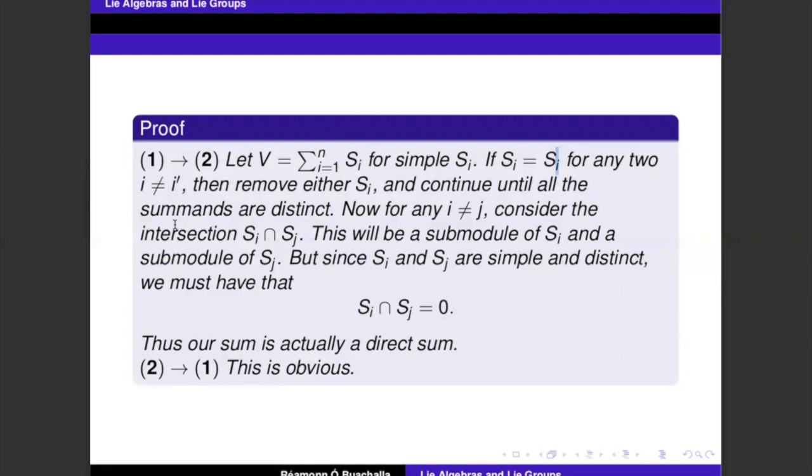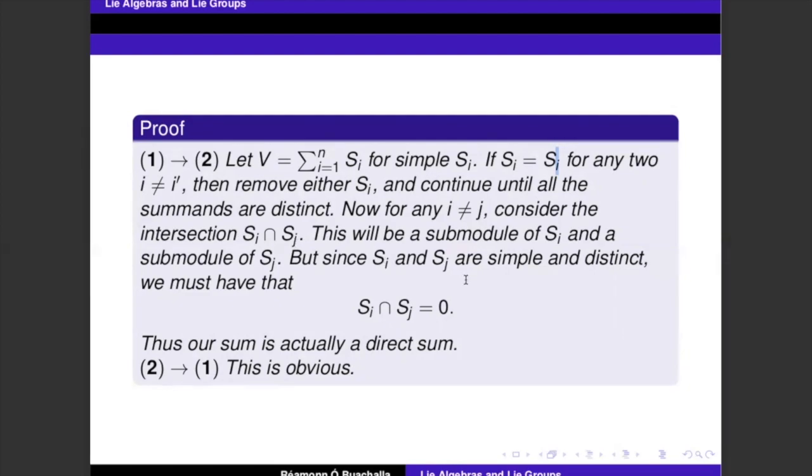Now, if we take any distinct i and j and consider the intersection S sub i intersection S sub j, then we have a submodule of S sub i and a submodule of S sub j. The intersection lives inside both, and you should check, if this is not clear, that it is actually a submodule of both of them.